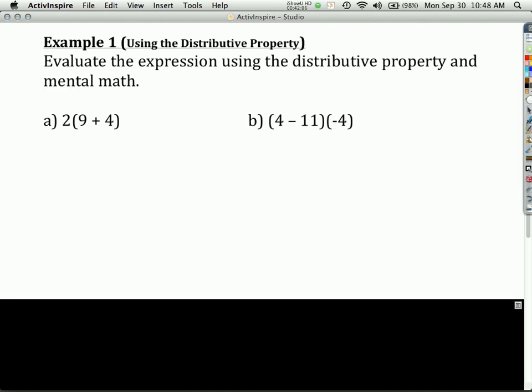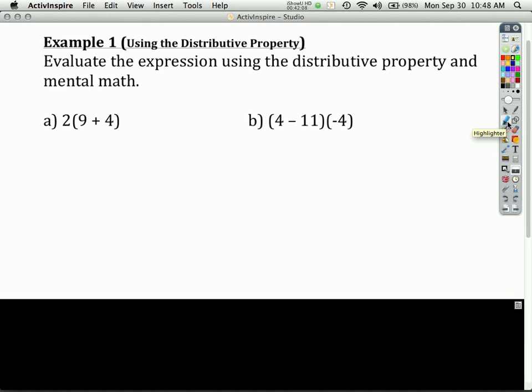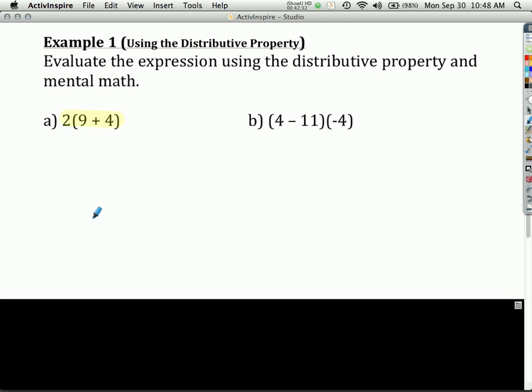Now, before we actually do part A, I want to emphasize something that I said before. If 10 years from now, you get your first job working for a banking firm, and you're an analyst, and they give you some work that involves a lot of numbers, you should do 9 plus 4 and then multiply times 2. 9 plus 4 is 13, times 2 is 26.